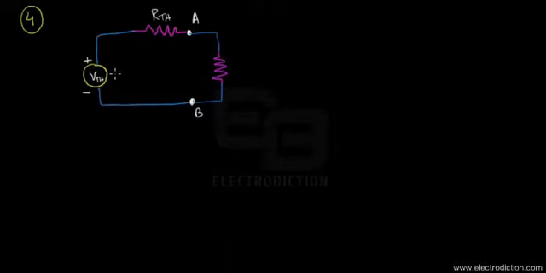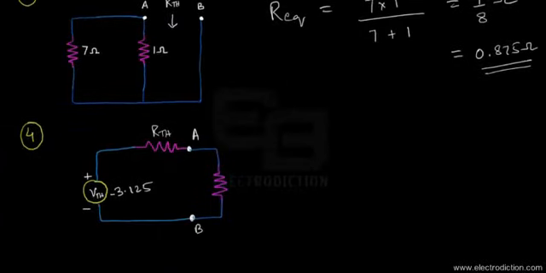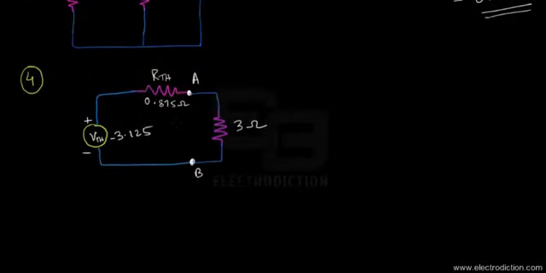That's VAB, obviously a negative one. Now the value of the Thevenin's resistance, as we found, is 0.875 ohms. So we can just write it over here, 0.875 ohms.